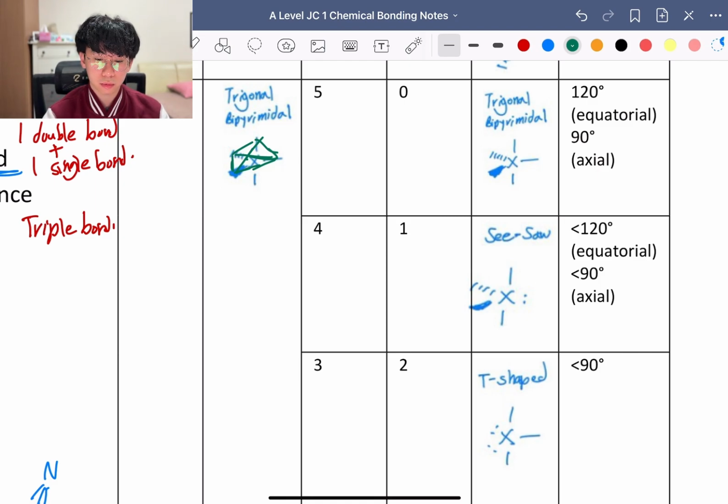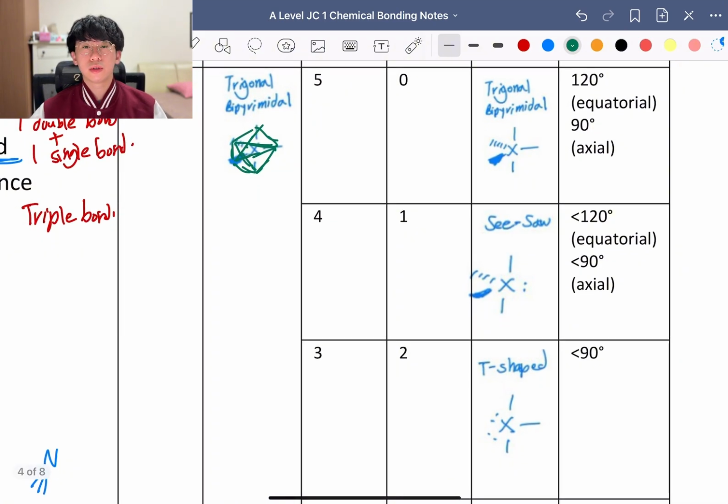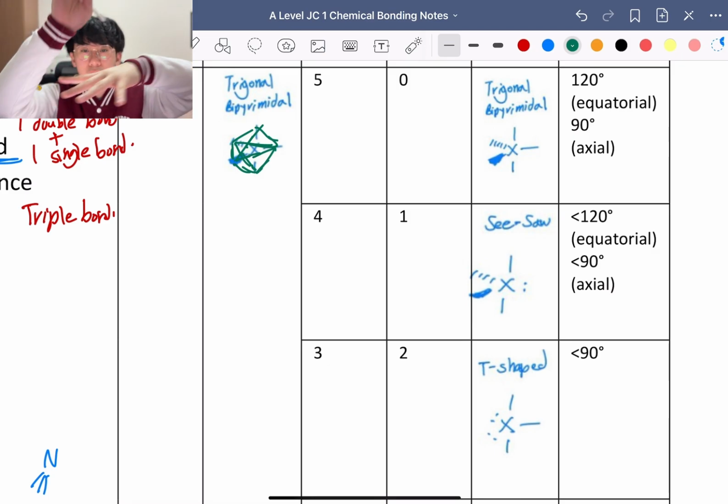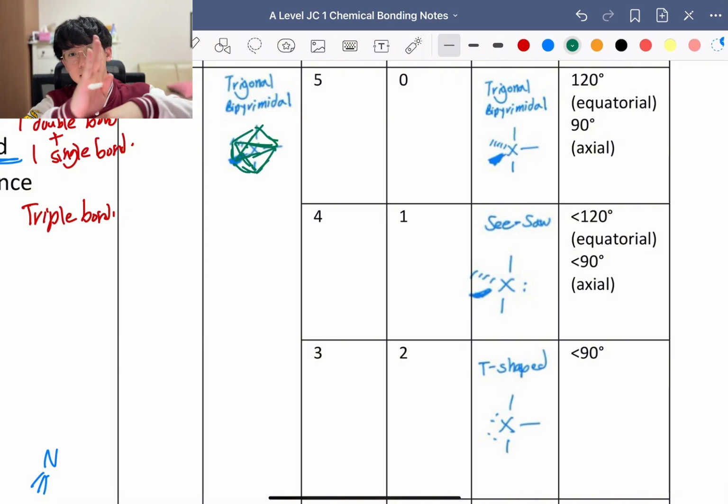So you have 2 trigonal pyramids on top of each other. That's why it's called trigonal bipyramidal. And the angles are, if you combine a trigonal planar on one plane and then upwards, 120 degrees on the plane, and then on the axis is 90 degrees.